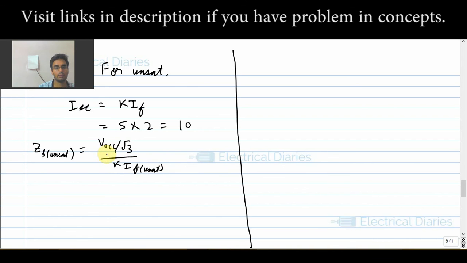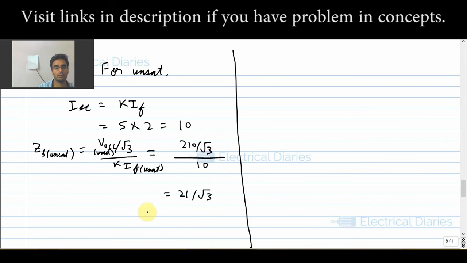It's all about unsaturated. ZS unsaturated is equal to VOC, I have calculated 210, by root 3 divided by KIF, that is 10. So it will be 21 by root 3.